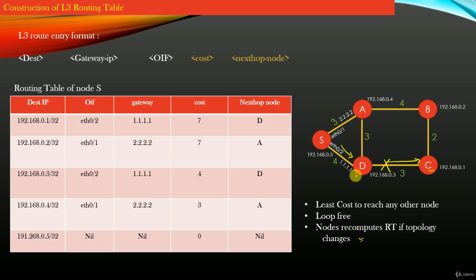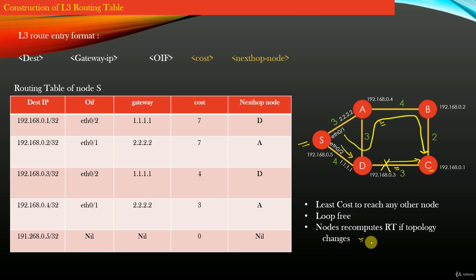So all the remaining routers in the topology must be intelligent enough such that they collaboratively choose a new path, if available, to reach the router C. So in case this link fails, then the new path which the traffic destined to the router C from the source router S must take is the following path, right? Via S, D, A, B and C.